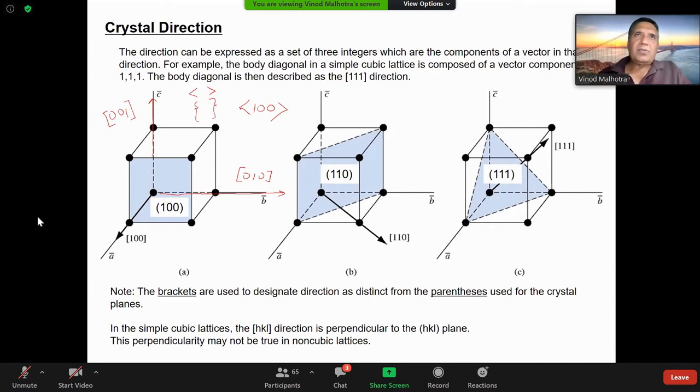But if I use this bracket, then it represents the family of 100 directions. And in the family of 100 directions, one would include 010 and 001 as well in this particular example because of the symmetry. So this represents a family of directions, and the same applies for planes. If I use this bracket, then I'm referring to a family of planes. Does that answer the question? Yes, it does. Thank you.